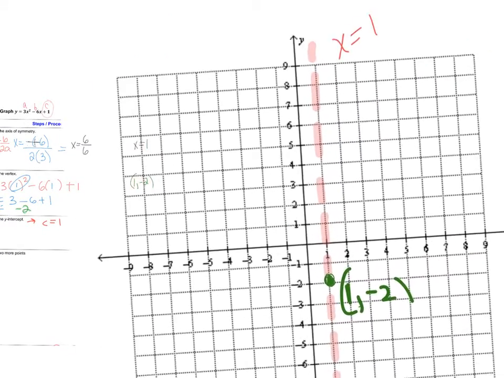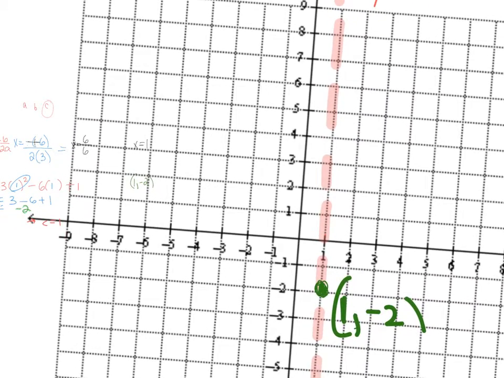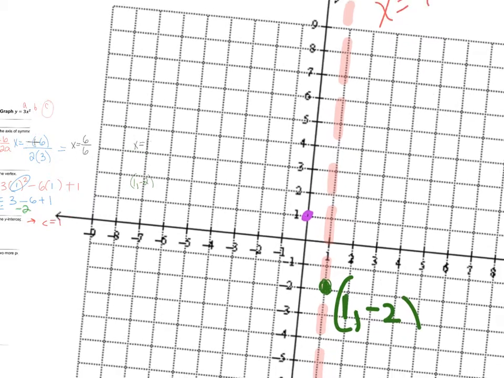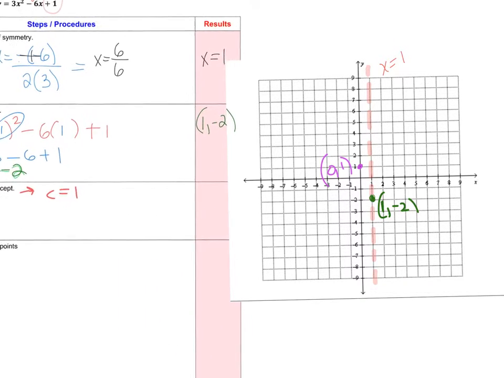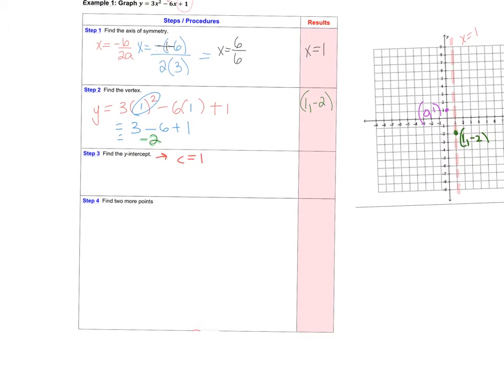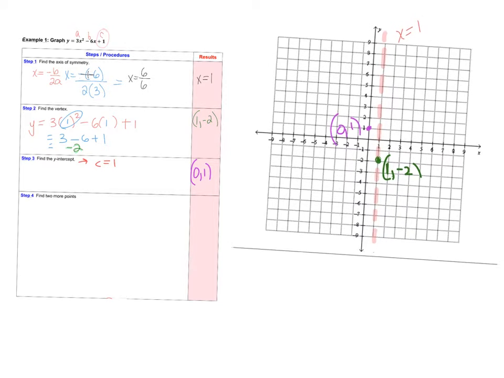And when I go to the y-axis and I'm crossing at 1, I am right here. That's my y-intercept. The y-intercept is located at 0, 1. That's my coordinate. Now I look at my graph and I go, wow, I'm almost there.